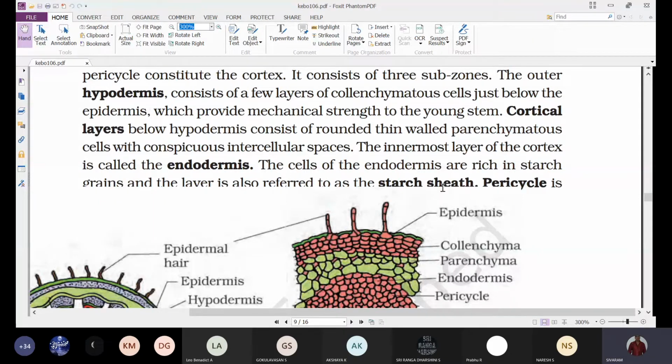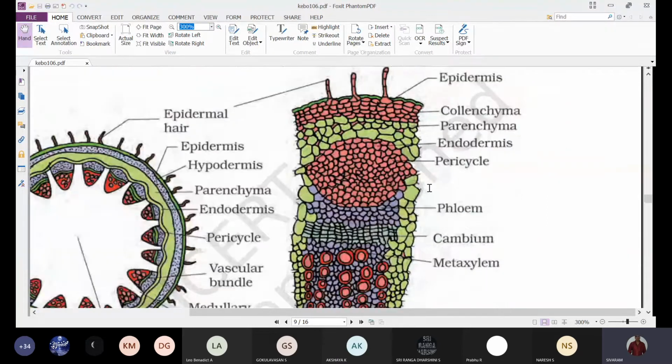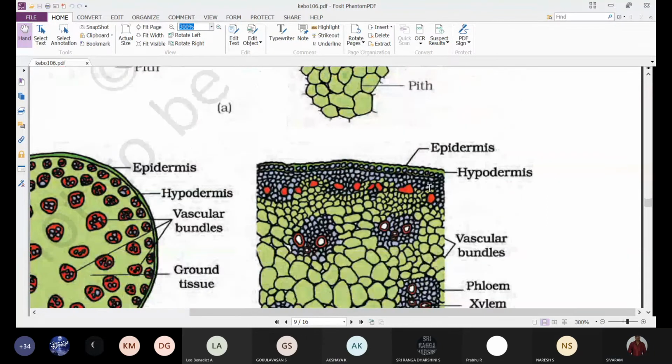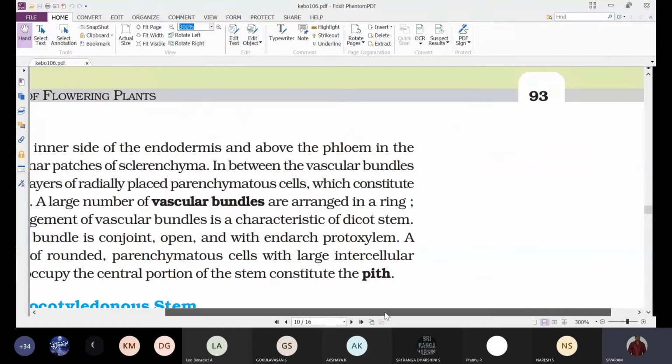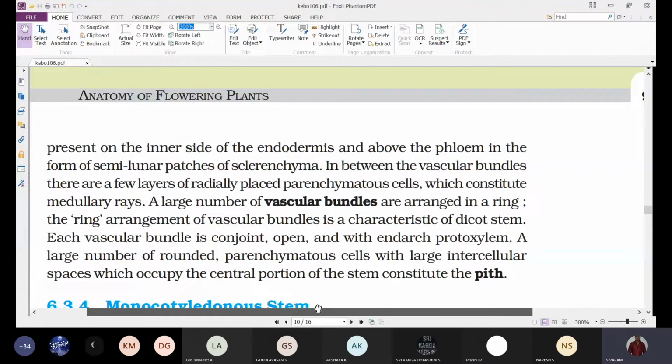Next, inner to this starch sheath, the pericycle is present. The pericycle is present on the inner side of the endodermis and above the phloem, in the form of semilunar patches of sclerenchyma.